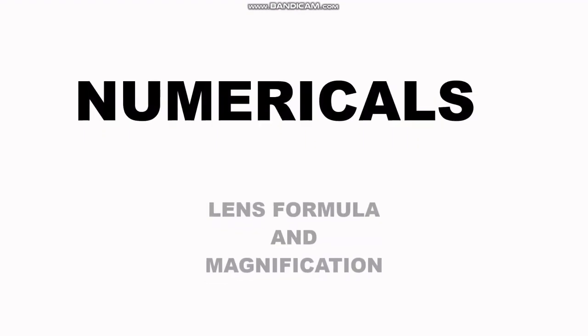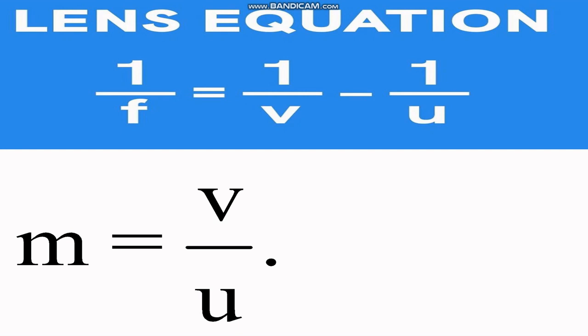Now, let's do numericals which are based on the lens formula and magnification. Before that, let's recall the lens equation, which was 1/f = 1/v − 1/u. I hope you remember f is the focal length, v is the distance of the image, and u is the distance of the object.